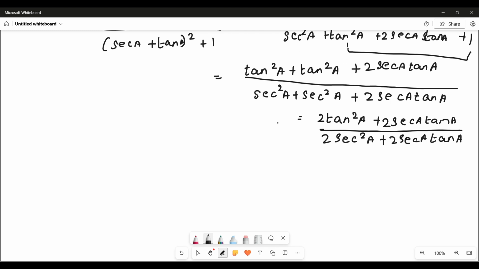Try to take the common factor outside here. In the numerator you can take 2 tan A outside, so you get tan A plus secant A inside the parenthesis.